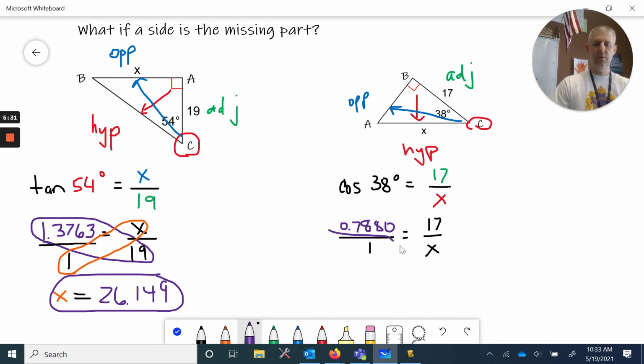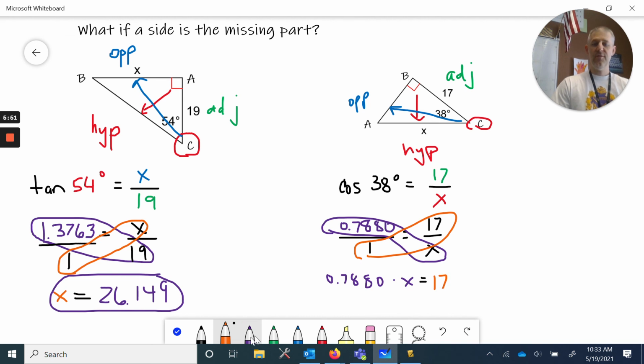So we will multiply those two, and we'll multiply these two. So I'm left with 0.7880 times my X equals 1 times 17, which is just 17.